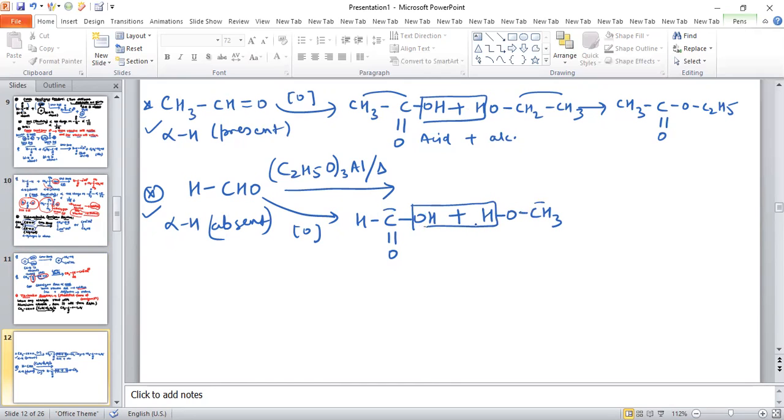Now water will be removed, and this will convert into HC double bond O and OCH3.